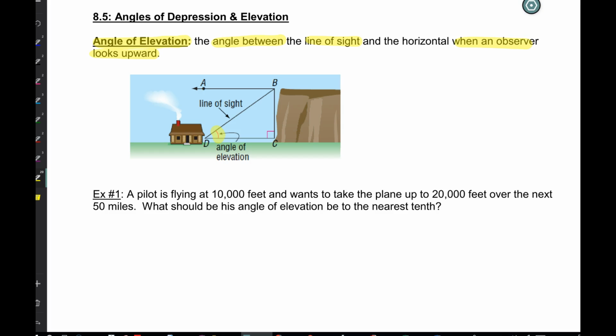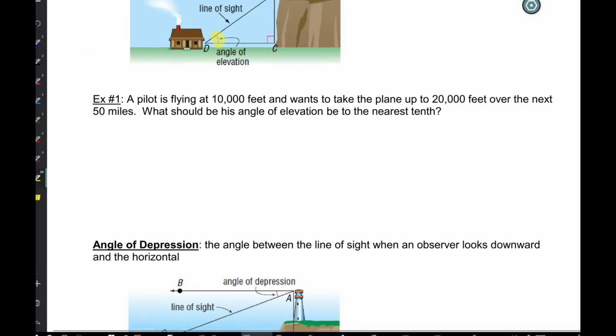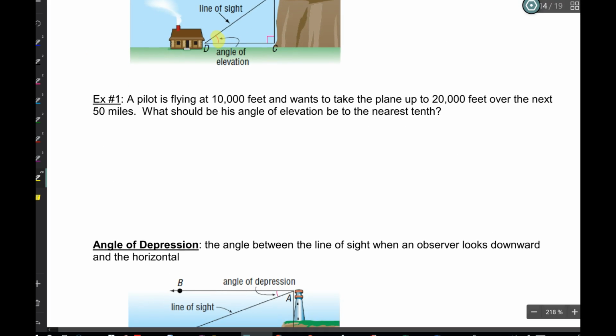You can also think of it this way; we're going to do an example here. A pilot is flying at 10,000 feet and wants to take the plane up to 20,000 feet over the next 50 miles. What should his angle of elevation be to the nearest 10? Okay, so just imagine, here's the plane.